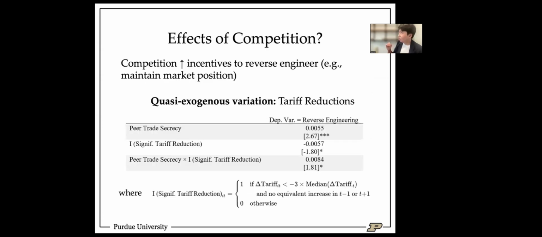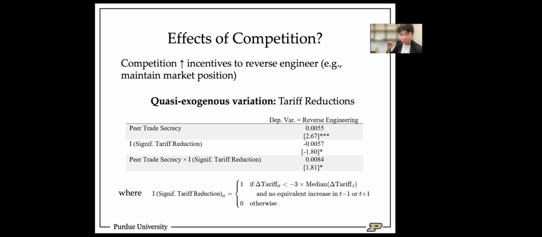So we're now going to take a look at some interesting cross-sectional variation. The first cross-sectional variation that we want to emphasize is the level of competition. This competition refers to product market competition, where an increase in competition would lead to a rise in incentives for companies to reverse engineer in order to maintain their market position. To proxy for product market competition, we're going to use tariff reductions.